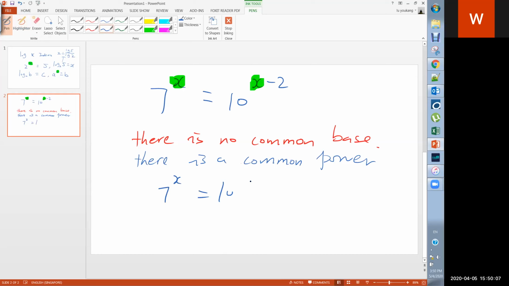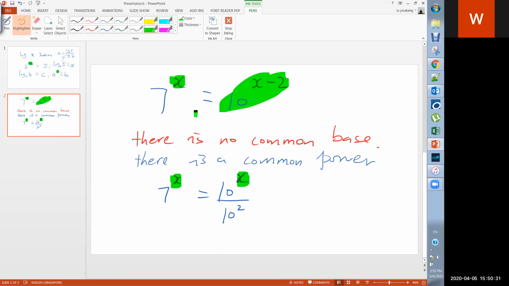With indices, if you have minus 2, what it means is you have 10 to the power x divided by 10 to the power of 2. Am I right? So that's how you transform the right hand side to this one. And then you start to see that now you have a common power x already.